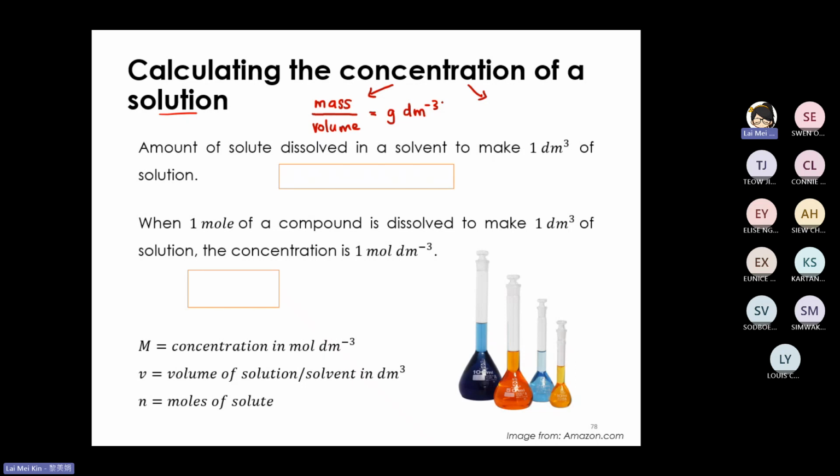Mass is gram, volume is decimeter cube, or gram per liter. So the concentration that you may have come across is gram divided by liter. Today we are going to learn concentration for solution. Concentration for solution uses number of moles divided by volume. What do you think is the unit?